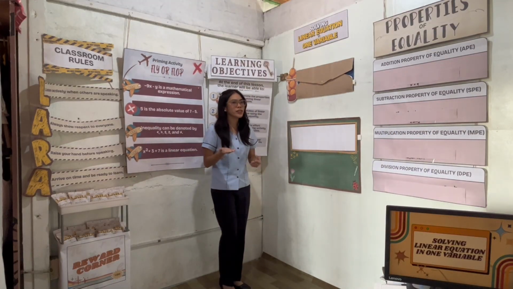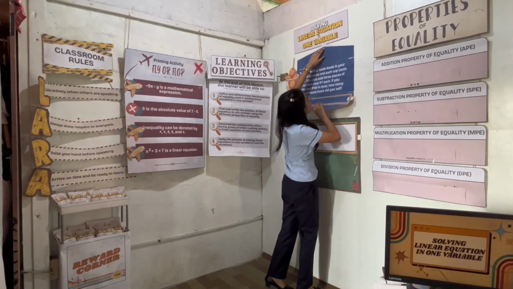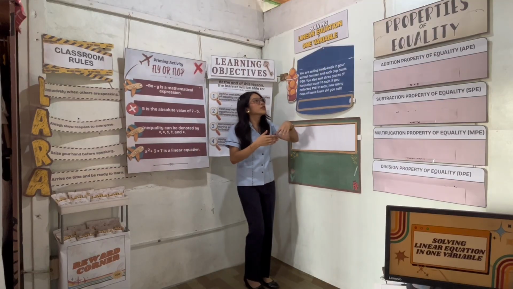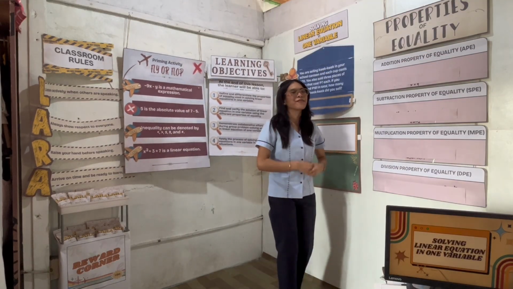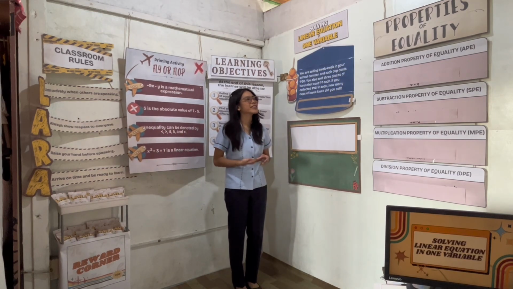But before we delve deeper into our main topic, let us first ponder this problem. And don't solve for the answer yet. Just look for the connection of this problem and our topic. Very good. It shows how important solving linear equation is in our daily life.